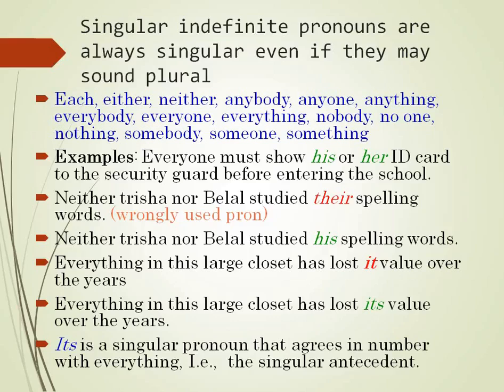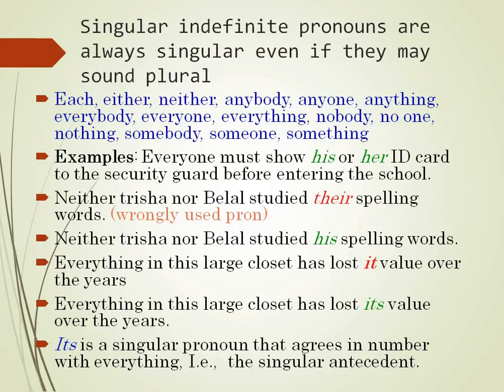Look at the examples: each, either, neither, anybody, anyone, anything, everybody, everyone, everything, nobody, no one, nothing, somebody, someone, something. These are all called singular indefinite pronouns, and they trick us and confuse us because they seem to be plural, but actually they act as singular.